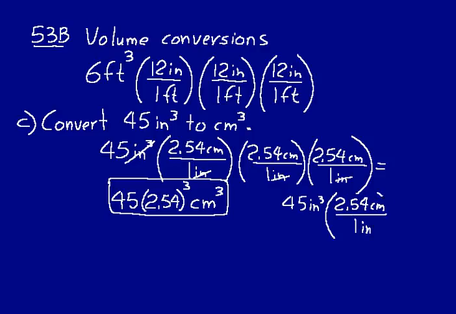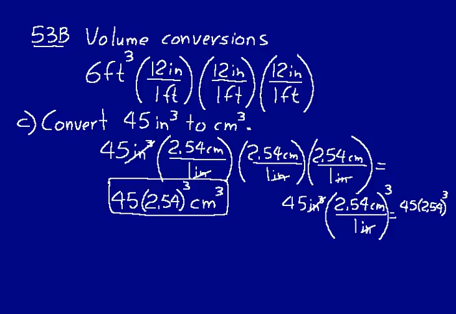And you could just put a cubed term right there to represent that you're multiplying that same conversion factor 3 times. And then you can just go ahead and cancel your inches and write your answer as 45 times 2.54 cubed, and then centimeters cubed, just like you did in your answer before.